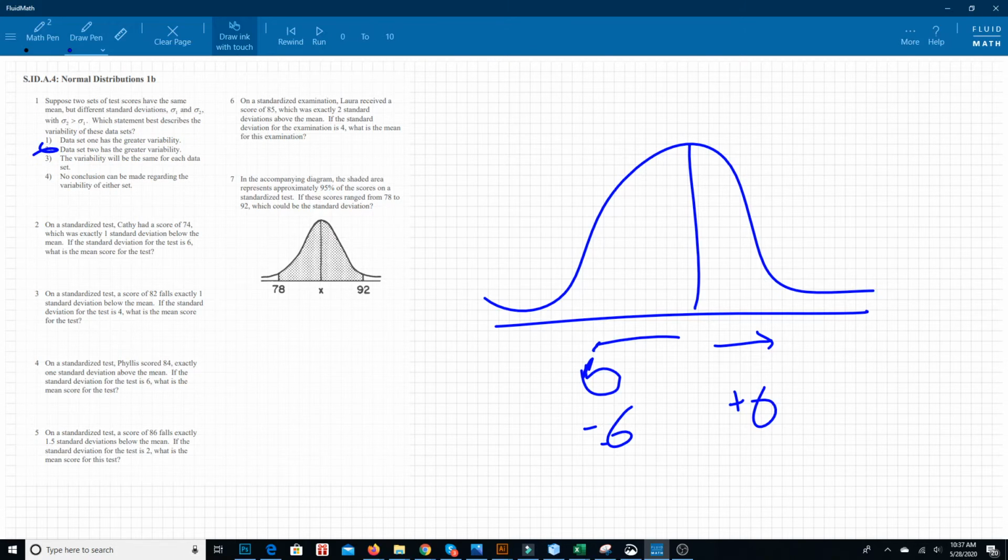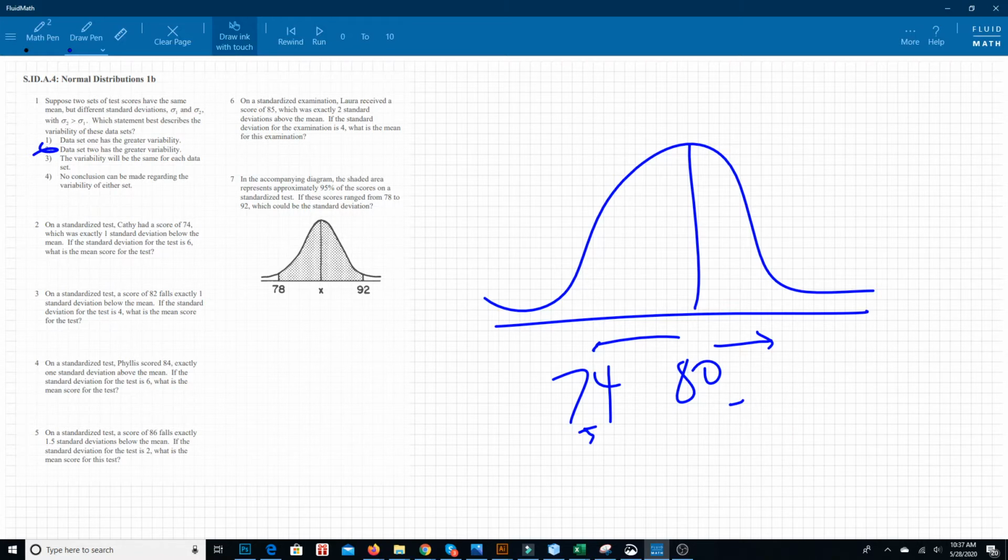Okay. So they give you a score of 74, right? And the standard deviation is 6. 74 is right here, and that's a standard deviation to the left, which is going to be minus 6, so the mean is going to be 80 right here, right?